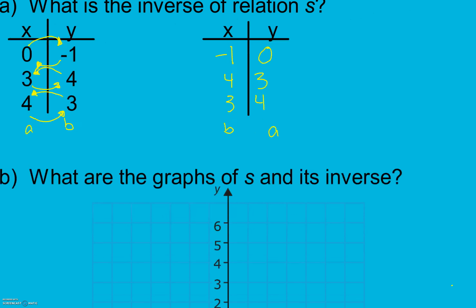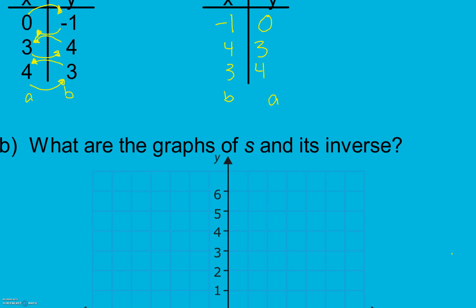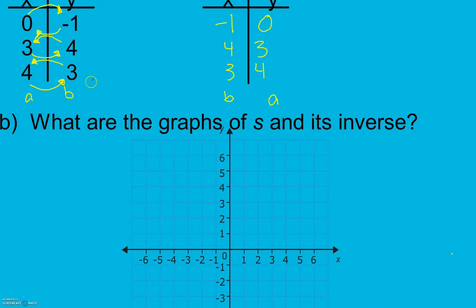So the graphs of S and its inverse. Here we have S, so I'm going to have (0, -1), (3, 4), and (4, 3).